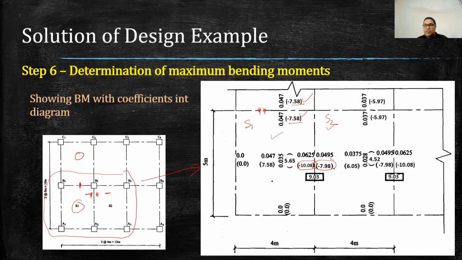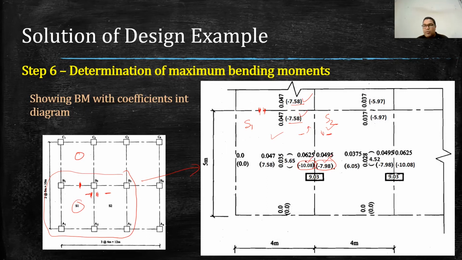So you can see this slab and this slab are both in continuation. So this cannot be the case that this slab is experiencing more moment and this slab is experiencing less moment. So therefore generally what we do is we calculate the average value of moment in such cases.